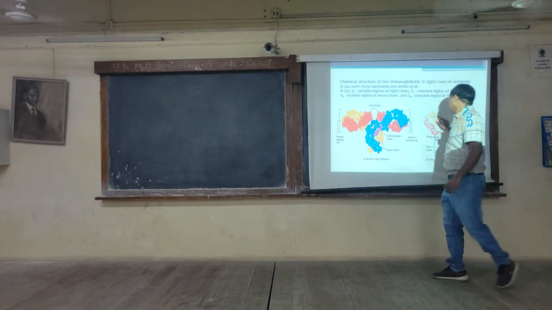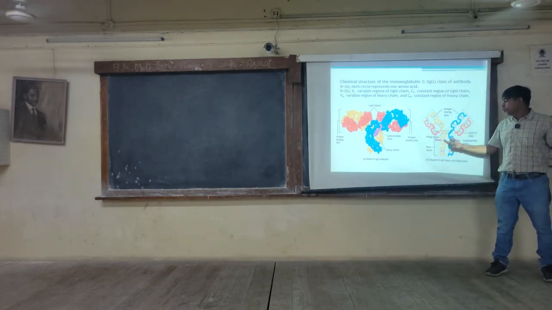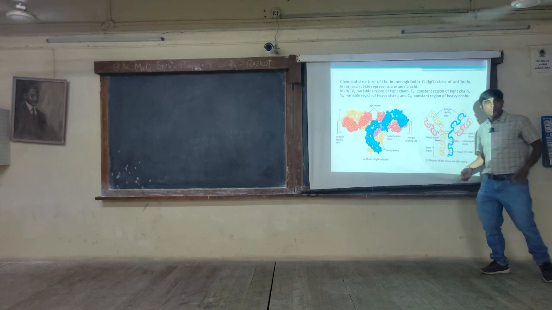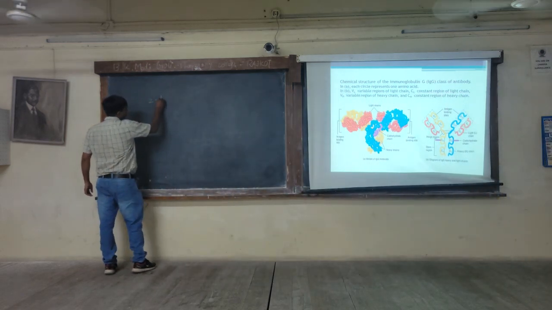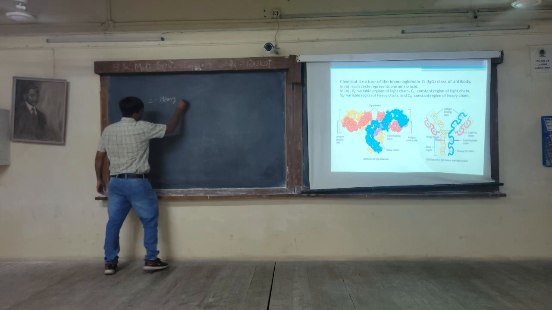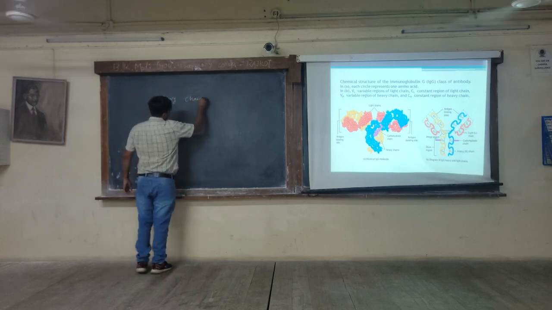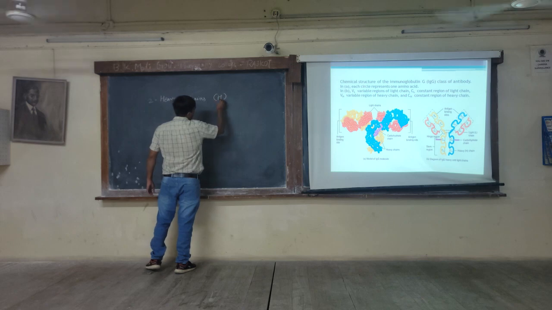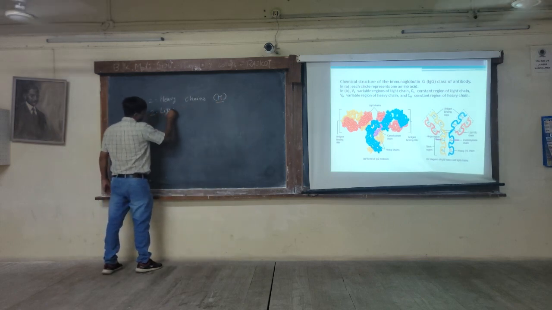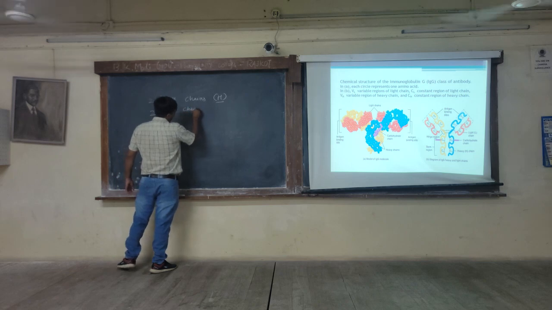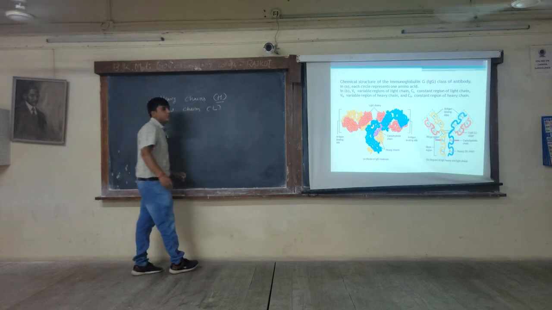If you look at the structure, there are two long chains. They are called H chains or heavy chains. And there are two light chains or L chains.